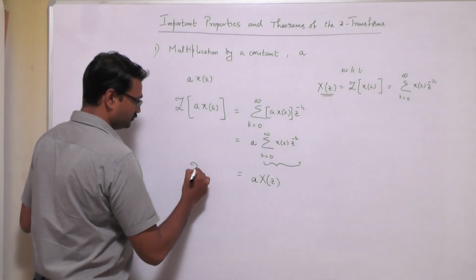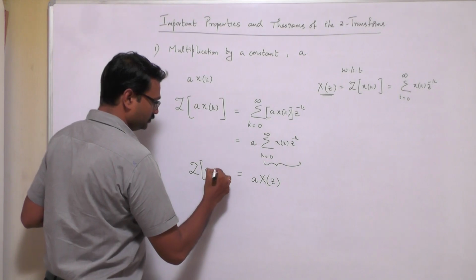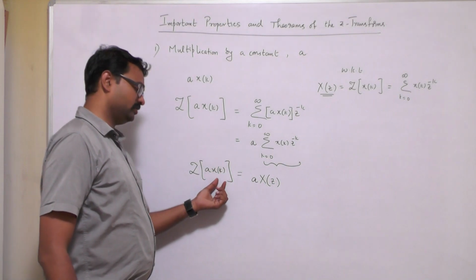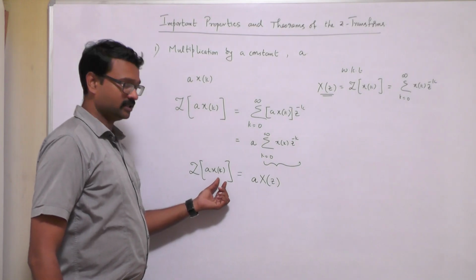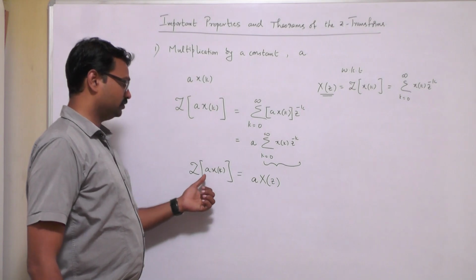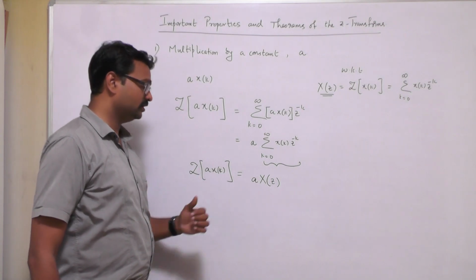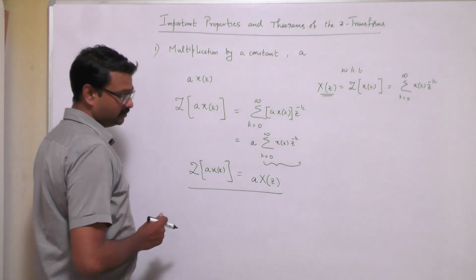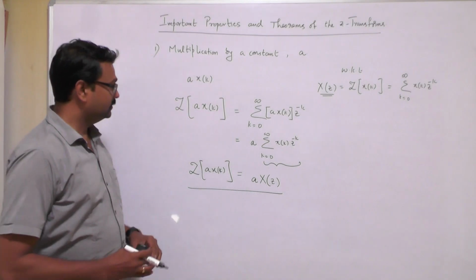Therefore, when you are multiplying any function x of k or x of kT or x of t with any constant a, the Z transform of a into x of k is equal to a into X of z. Now this is multiplication by a constant.